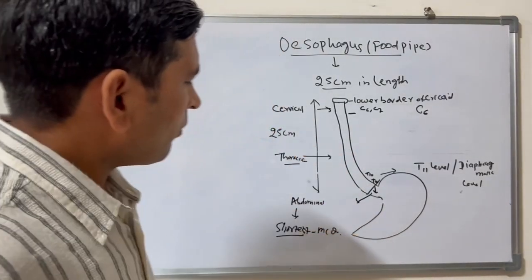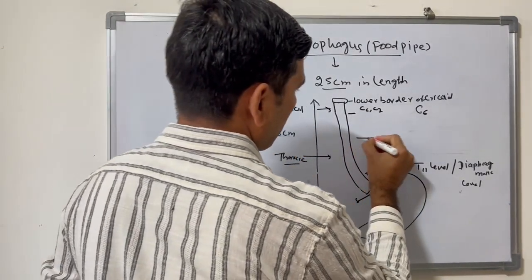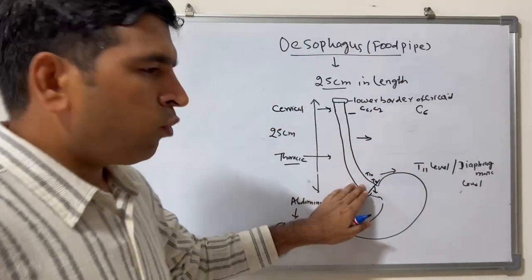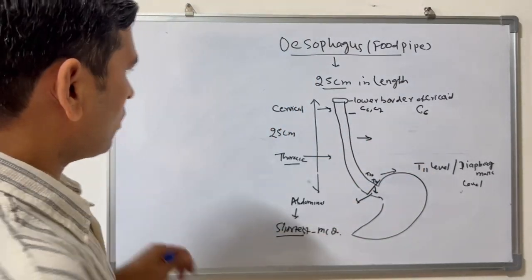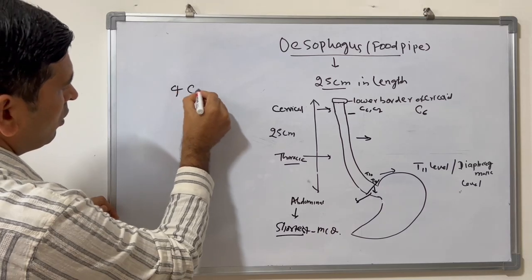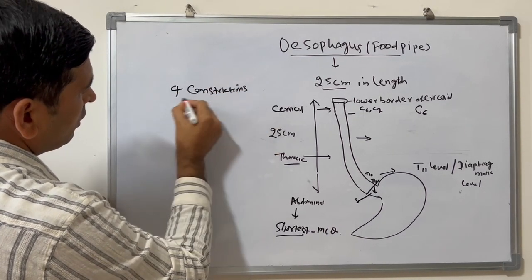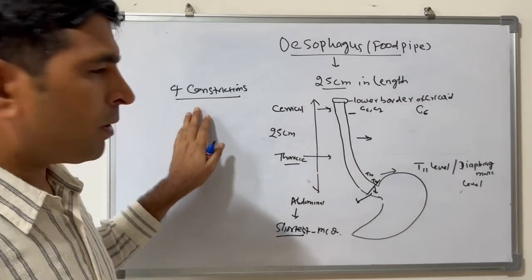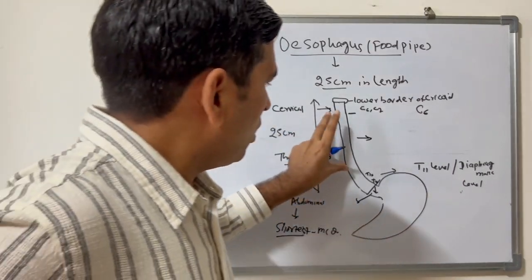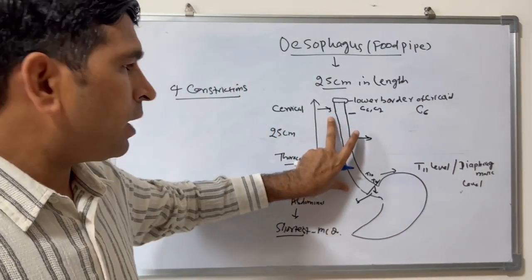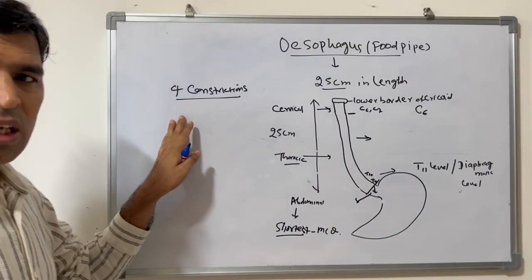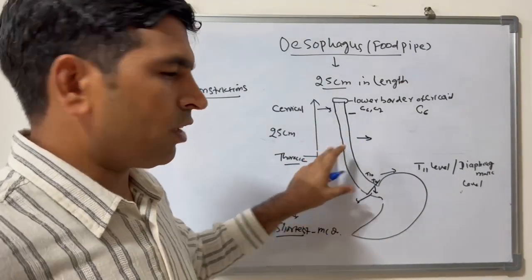Now this esophagus has four anatomical constrictions. These are important for upper GI endoscopy, during foreign body removal, and during contrast study of the esophagus.